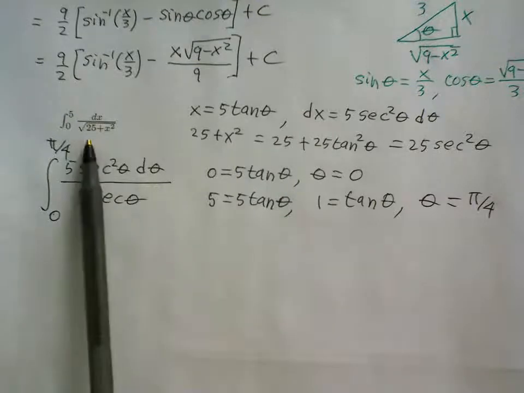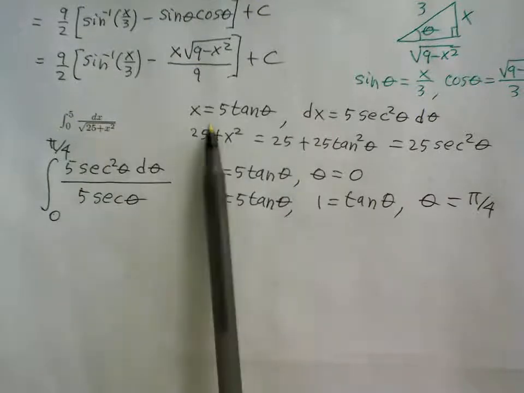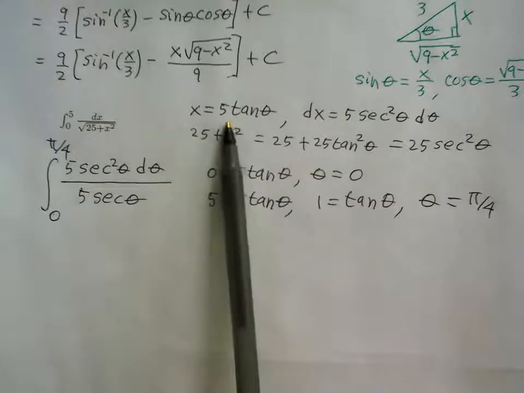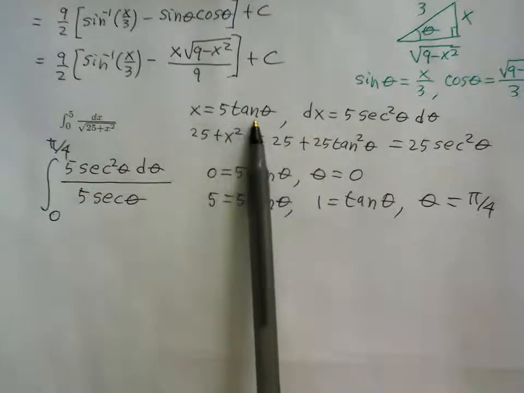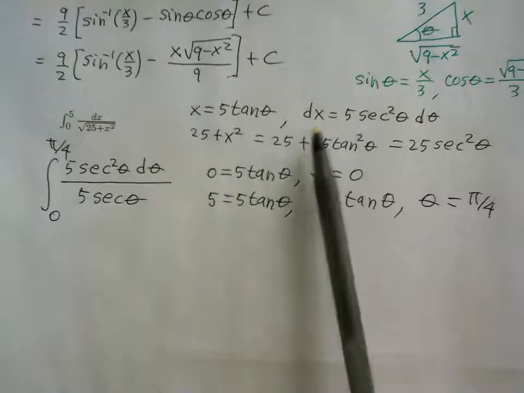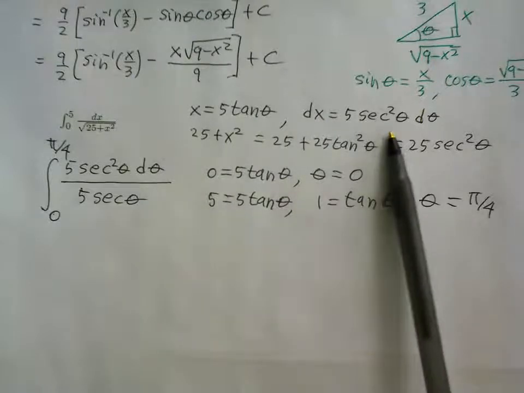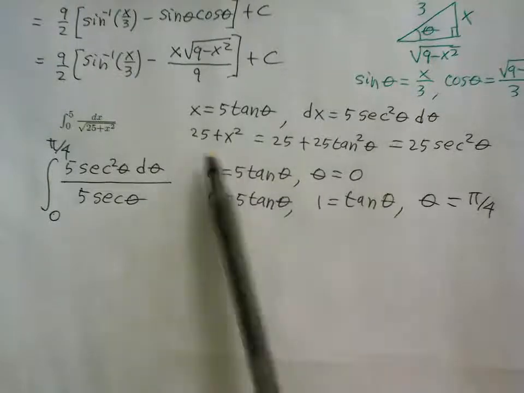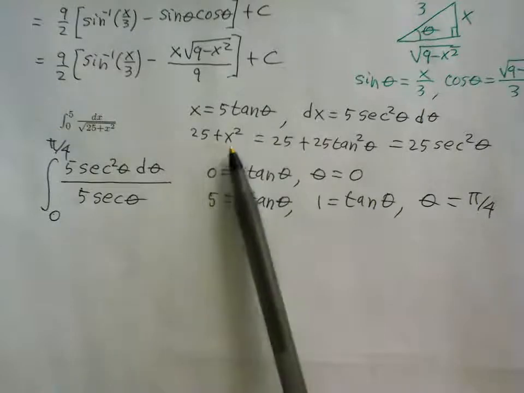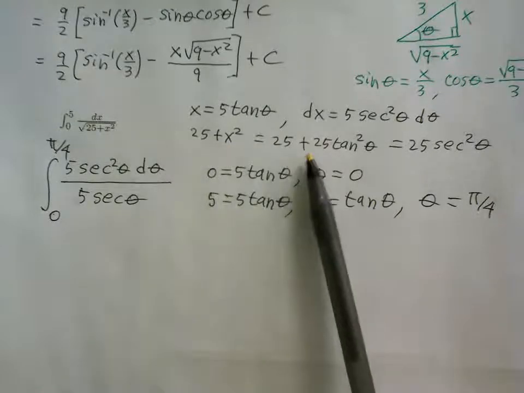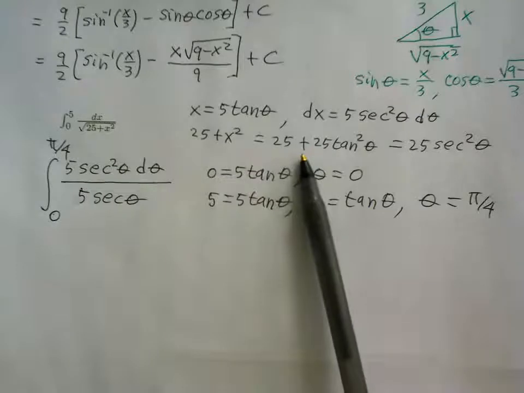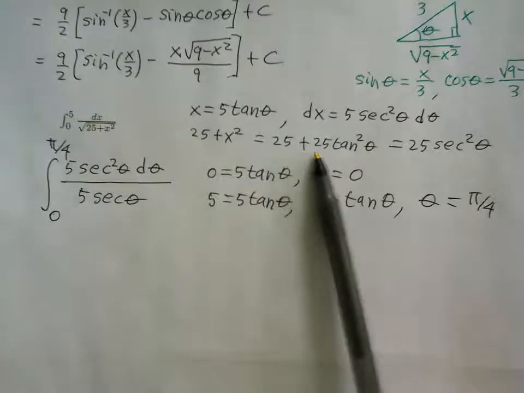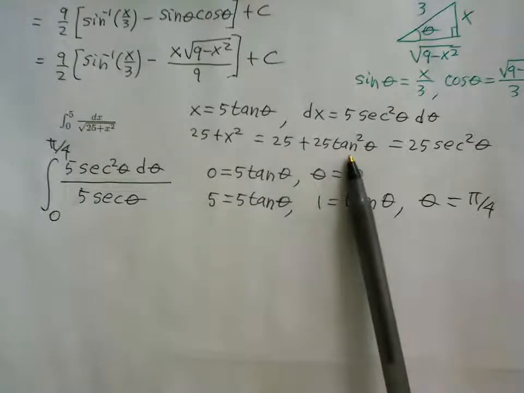So since we have 25 plus x squared, we pick x to be 5 times tangent of theta. So that dx is 5 times secant of theta squared d theta. And 25 plus x squared upon substitution becomes 25 plus 25 times the tangent of theta squared.